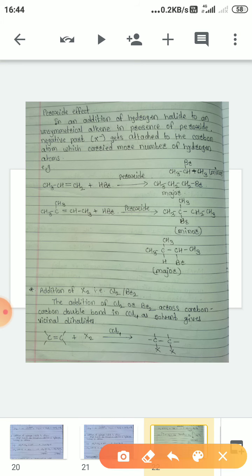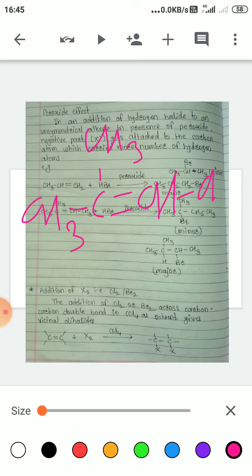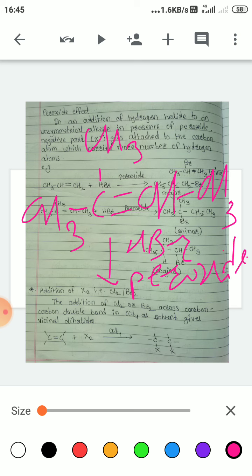We can consider one more example. 2-methylbutene, CH3 CH3 double bond CH3, with HBr in the presence of peroxide. Okay, now consider this carbon and this one, that is, first, second, third and fourth. Consider carbon 2 and carbon 3.